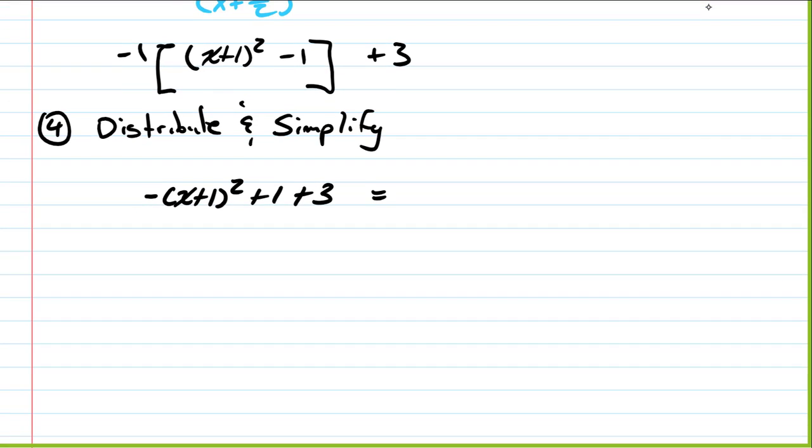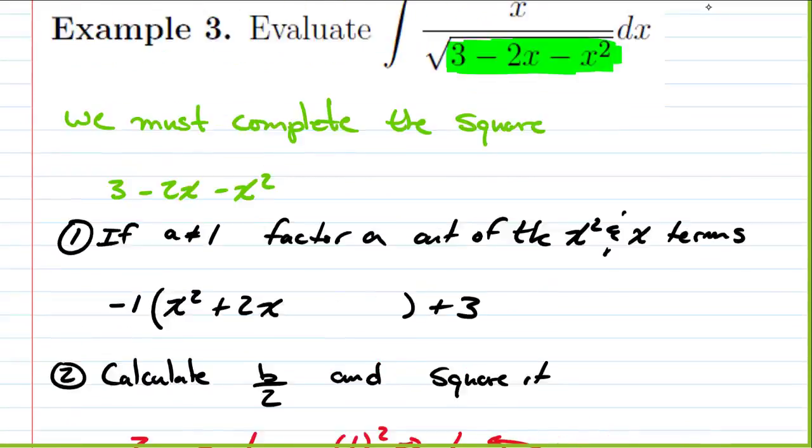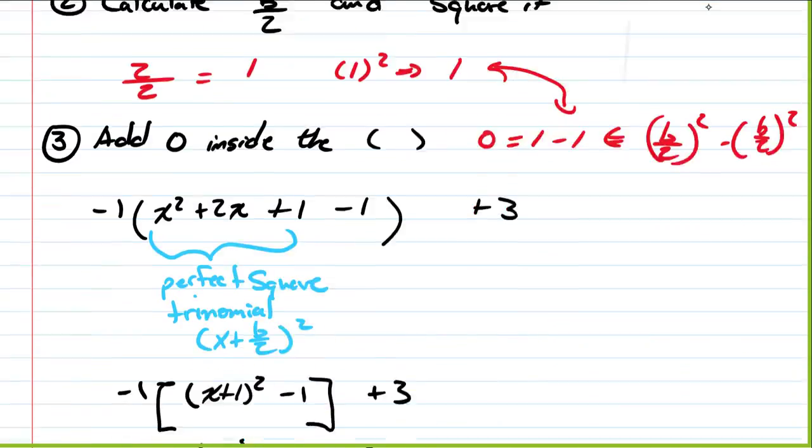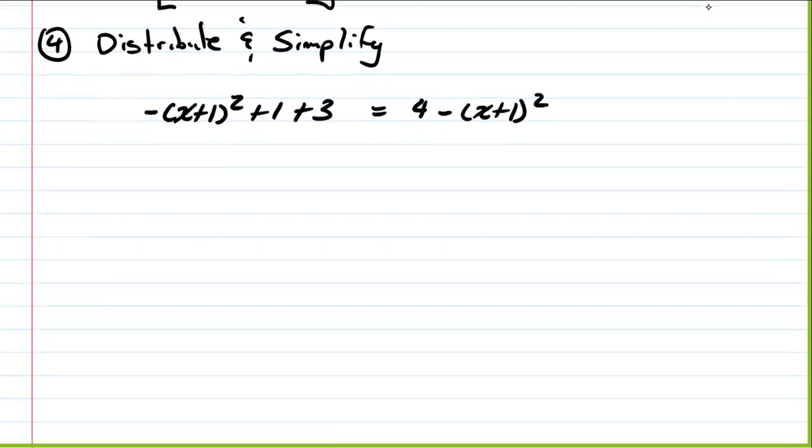So this gives me, and I'm going to write it in kind of a funny order, 4 minus x plus 1 squared. So after doing all of that, I now have the integral, because I completed the square on the denominator, of x over the square root of 4 minus x plus 1 squared dx.